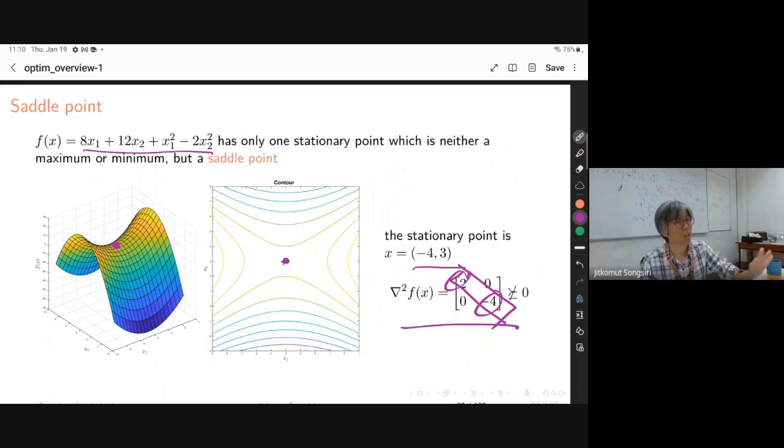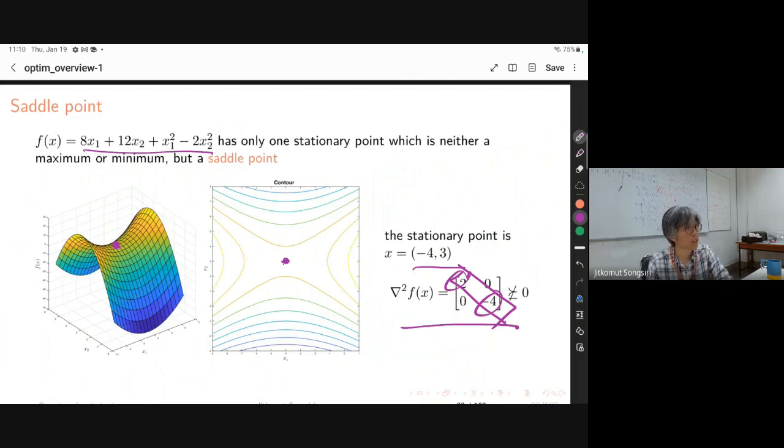What's the meaning of the second derivative? The second derivative is the rate of change of the first derivative, right? So if the second derivative is positive, the gradient is increasing. When the second derivative is negative, the gradient is decreasing.